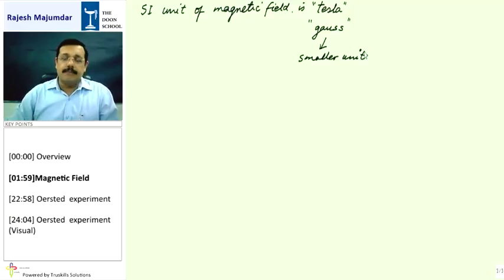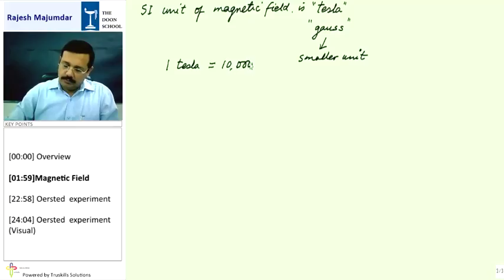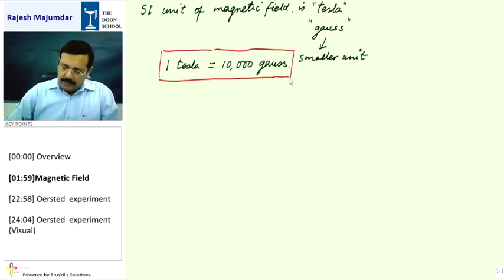And Tesla is a bigger unit, and 1 Tesla is equal to 10,000 Gauss. So this is one of the conversion formulas which will be important for you, because at the time of solving numericals, these interconversion formulas become very important.